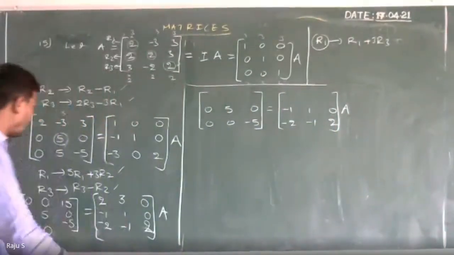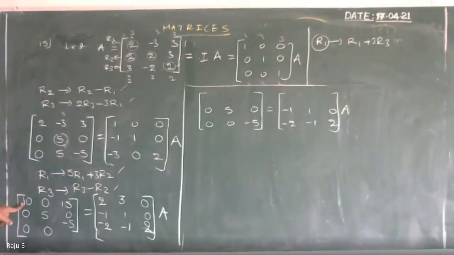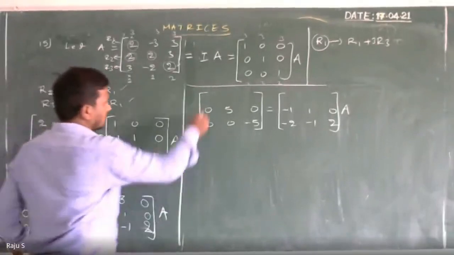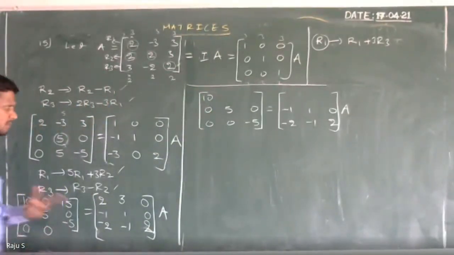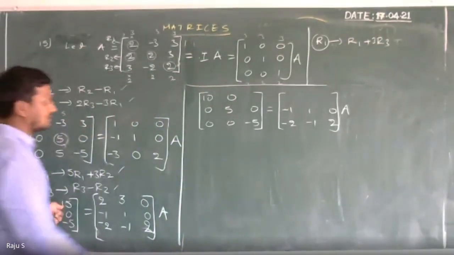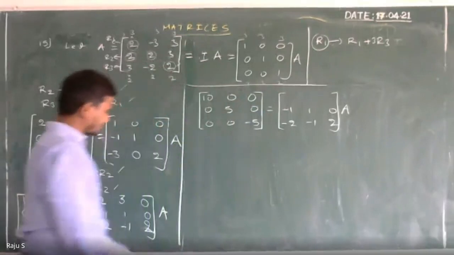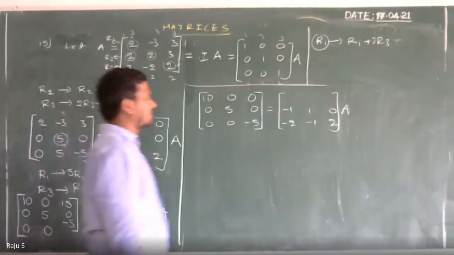Then what about R1? So R1 plus 3R3. 10 into this is 10 alone. Then R1 plus 0 plus 0, that is 0. Then finally, see this is clearly 0. 15 plus 3 into minus 5, 15 minus 15, 0.